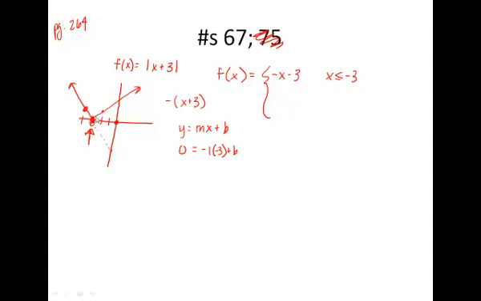Okay, so there's that line, and then let's look at this other line. This is going to be those positive values, and it's going to have a slope of 1 and a y-intercept of 3, so this is actually positive 1x plus 3 for all x values greater than -3. Now, if I were to say, what is the derivative as it's approaching -3 from the left, then you're going to be using this first function.